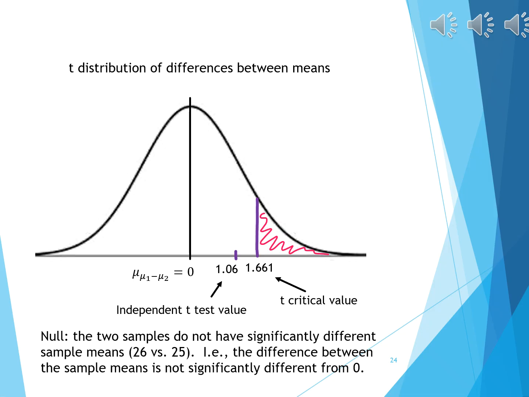So we retain the null hypothesis and state that the mean psychic accuracy was not significantly higher than the mean non-psychic accuracy. Another way to say that is the difference between the sample means for psychics and non-psychics was not significantly different from 0.